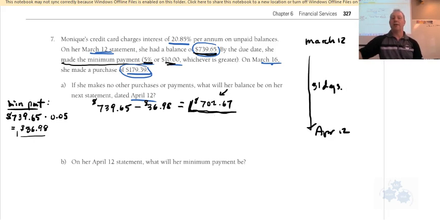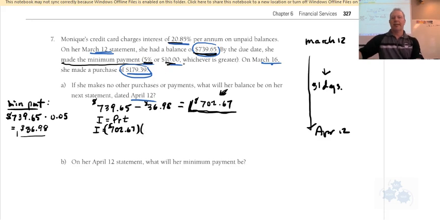So now we have this as a principal, we have this as a time, and what's our rate? 20.85. Yes, we do our I equals PRT. Awesome. So we want to calculate the interest on this. The principal is 702.67.